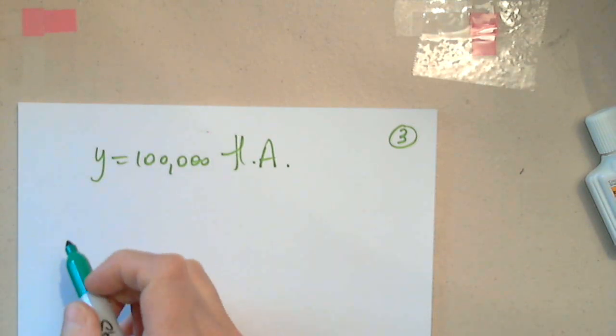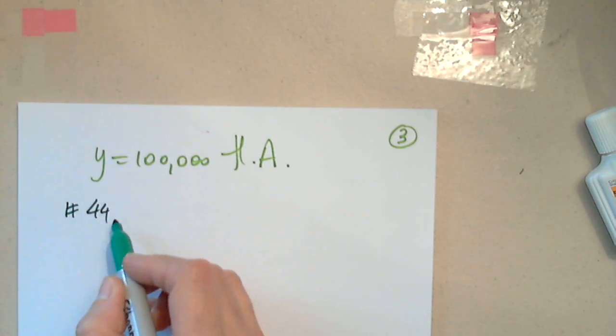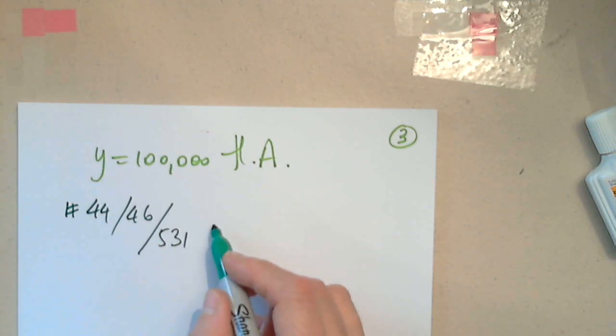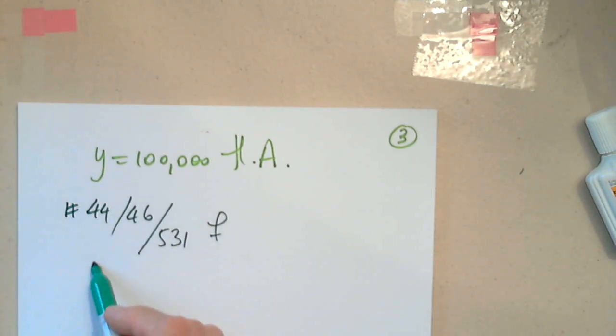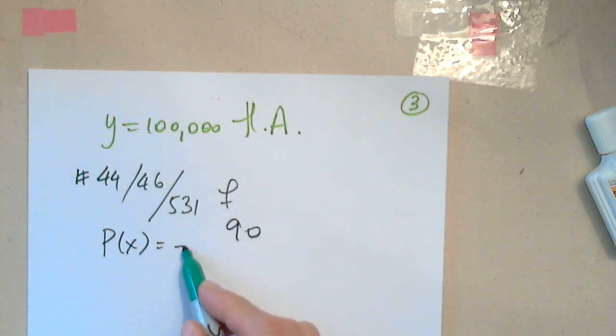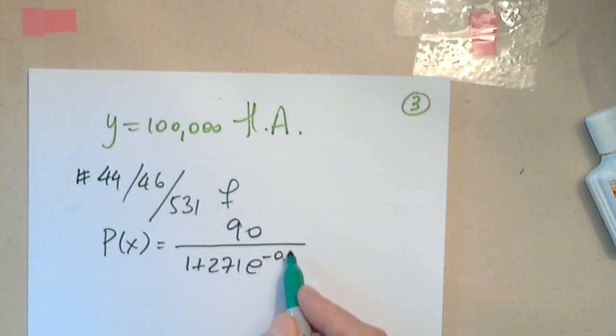I'm looking at problems 44 and 46 on page 531, and we have P of x, which is 90 divided by 1 plus 271 e to negative 0.122x. So this is another logistic growth model.